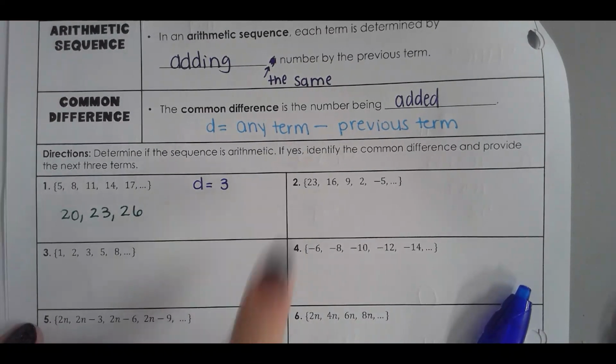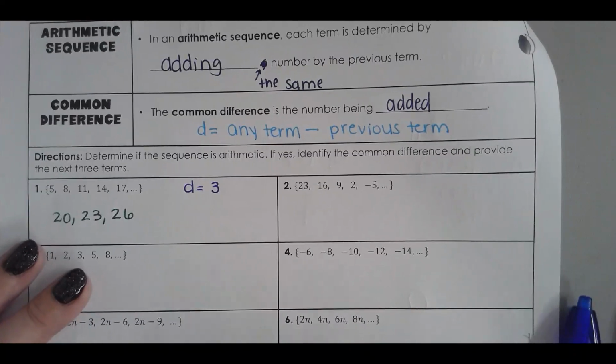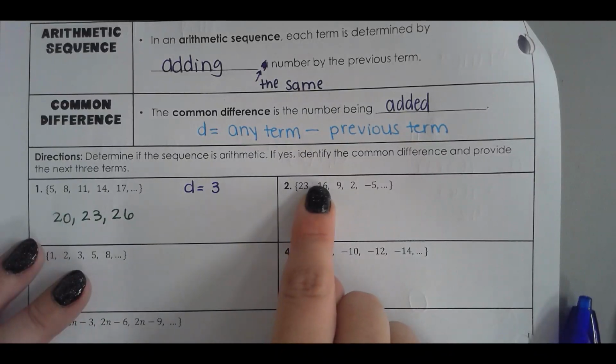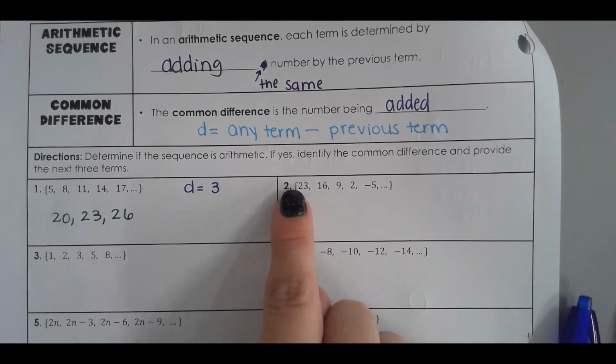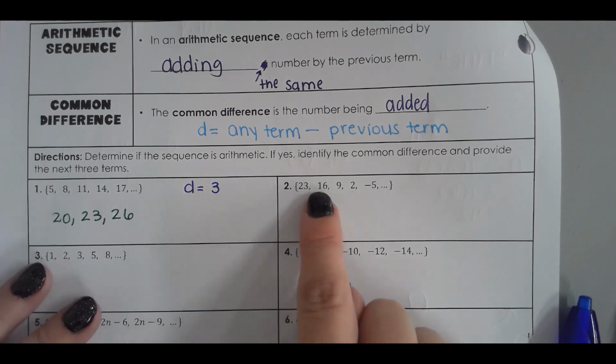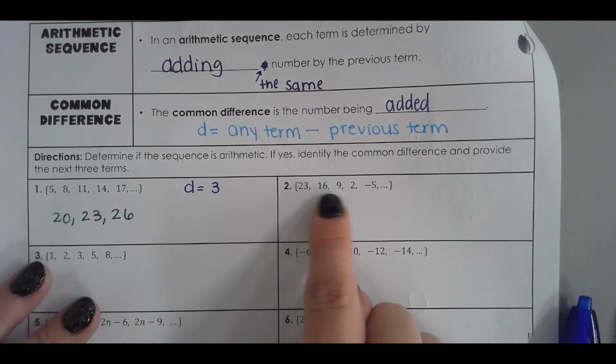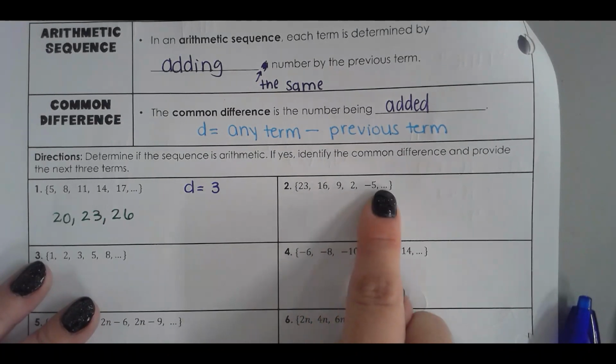All right, number 2. How do I get from 23 to 16? You're technically subtracting 7, so my common difference would be -7. But let's check all the way across. 16 minus 7 is 9. Minus 7, 2. 2 minus 7 is -5.